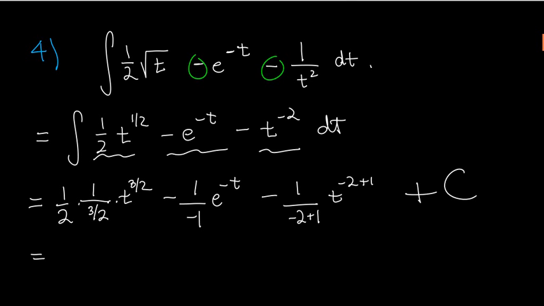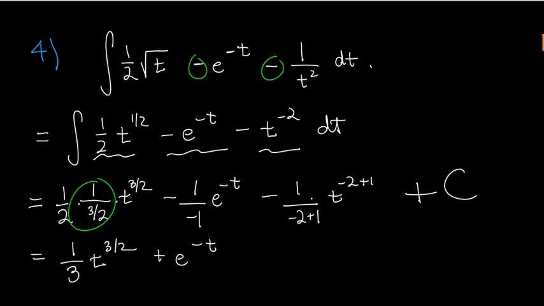So we'll simplify all this. 1 over 3/2 is just 2/3. 2/3 times 1/2 is just 1/3. t to the power 3/2. All right? And then we'll get plus e to the minus t, because 1 over negative 1 is negative 1, and minus negative 1 is equal to positive 1.